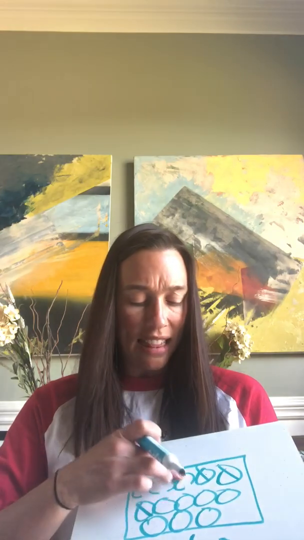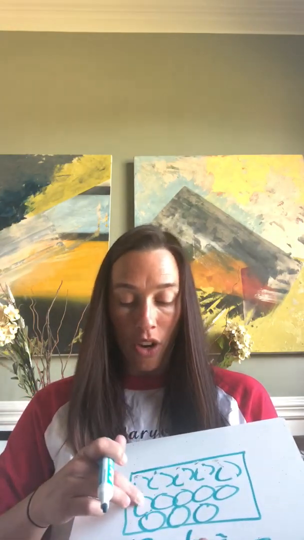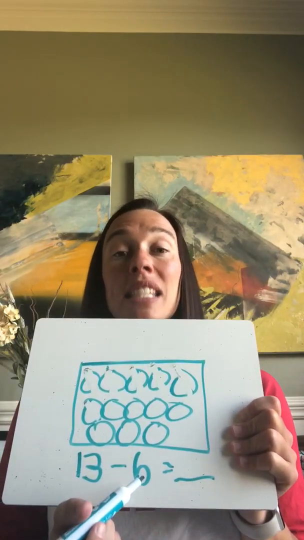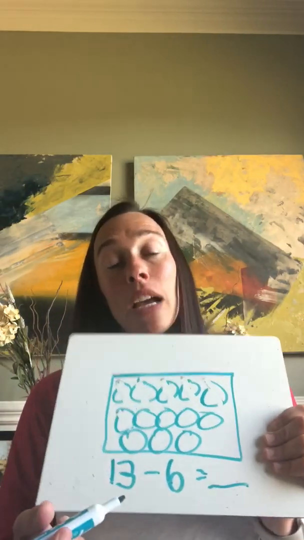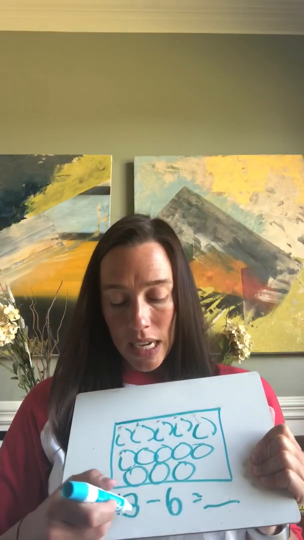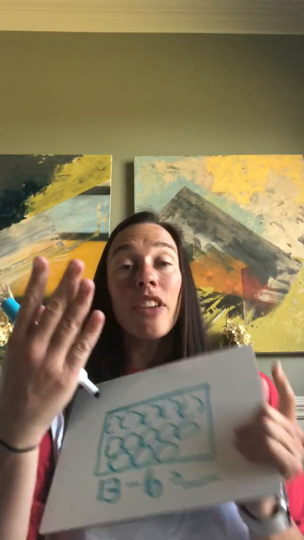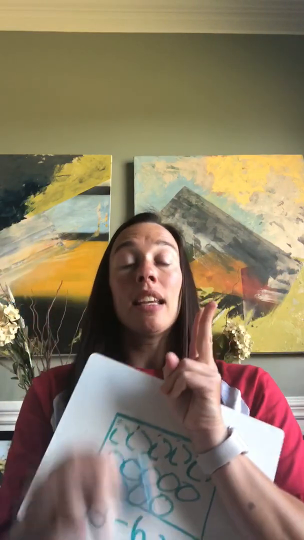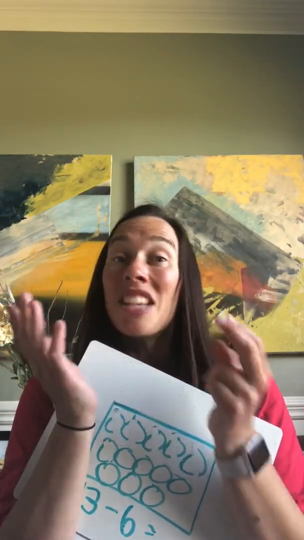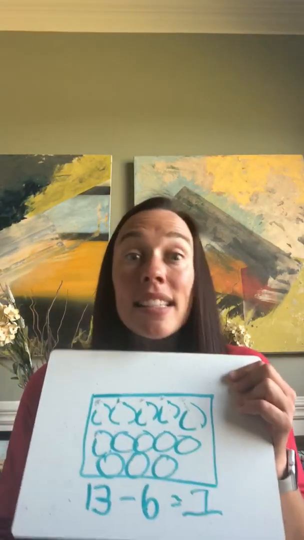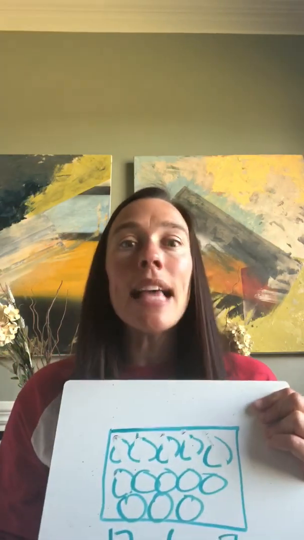I don't think I like it that way. I would rather do it this way. I'm going to start at 6, and I'm going to count to 13. So 6, 7, 8, 9, 10, 11, 12, 13. So how many did I come up with? 7. Did I get the same answer? Yes. Is that great? Yes.